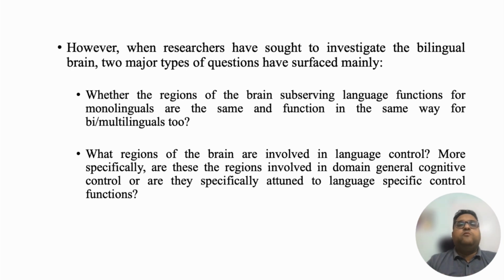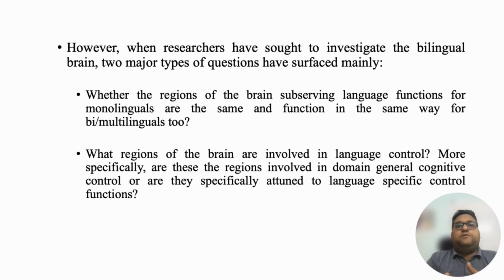Remember, when a monolingual is going through the stages of production, say for example conceptualization, formulation, lexical selection, articulation and so on, they do not have any conflict. They have just one language system, and therefore it is in some sense rather smooth: you can basically pick up the contents from one language and go with it.